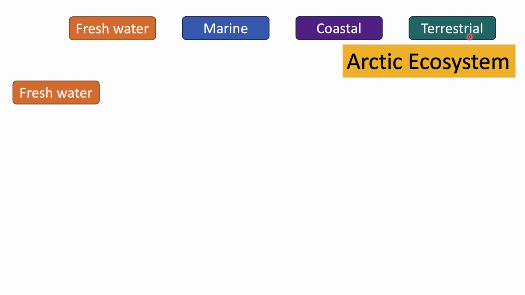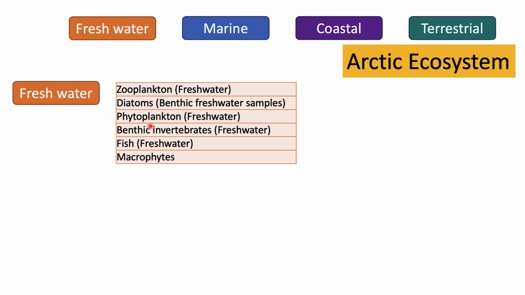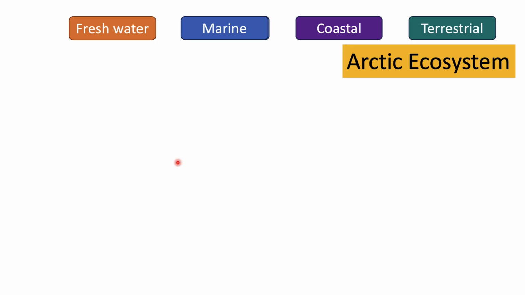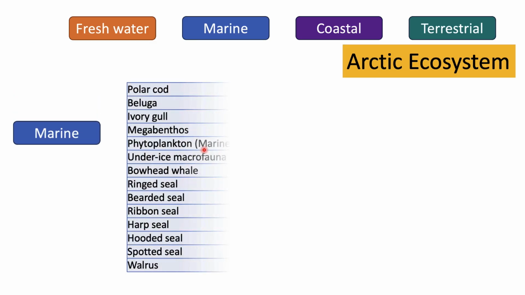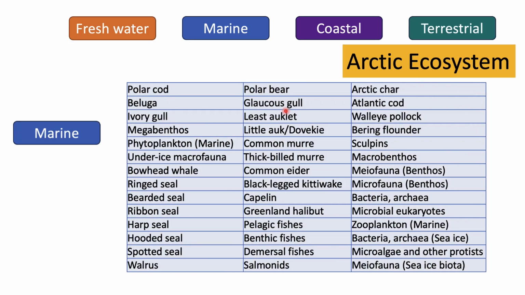In the freshwater, we have zooplankton, diatoms, phytoplankton, benthic invertebrates, fish and macrophytes. In the marine system, we have lots of species, starting from polar cod to microalgae and other protists. Everything lives in the Arctic region, mainly in the marine ecosystem.